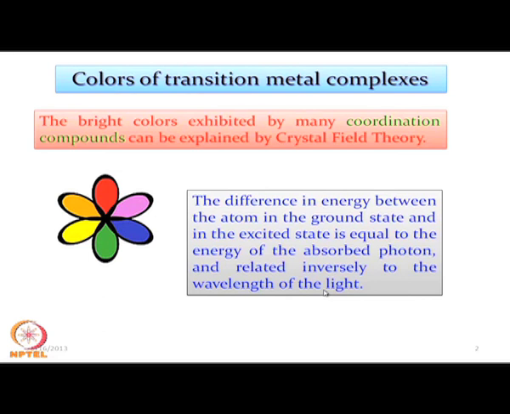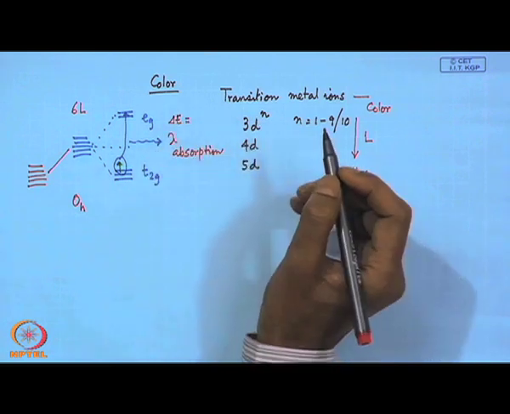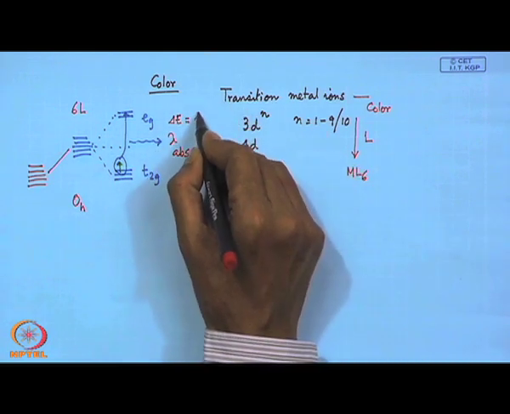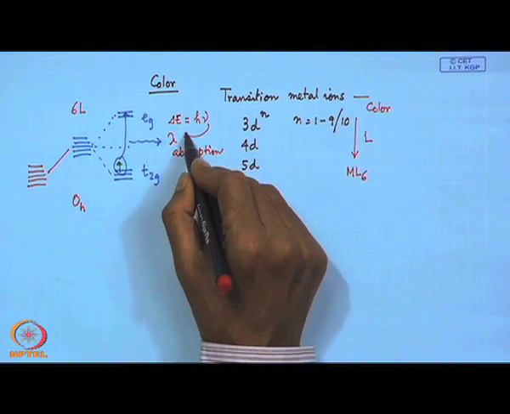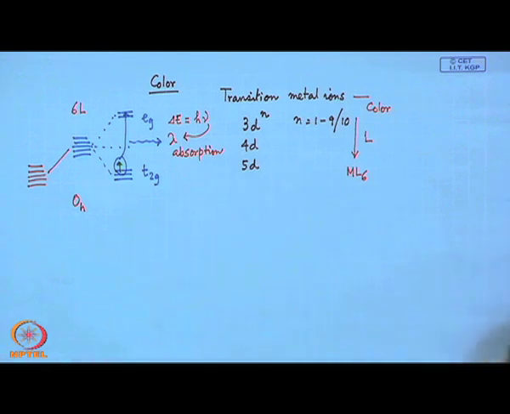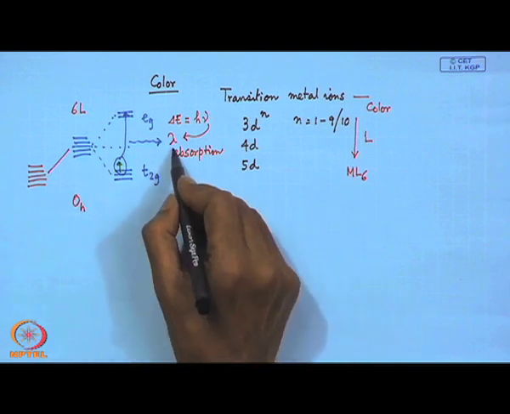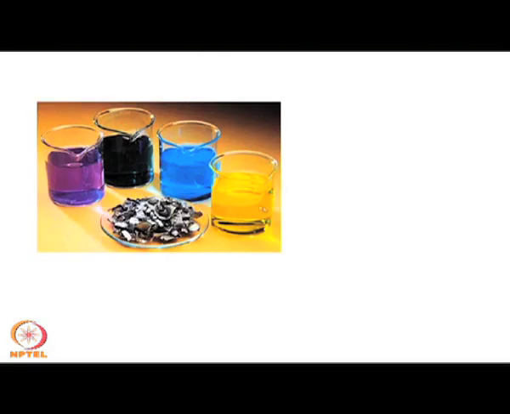So, once we know the energy gap, which is delta E, we can correlate it with h nu, and nu can be correlated with the lambda value. Basically, what we record in the electronic absorption are the lambda values. So, we see very beautiful colors.